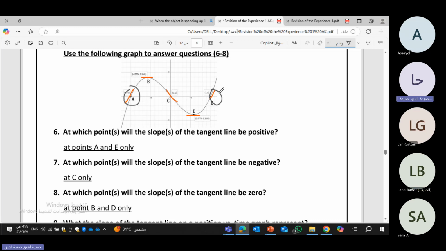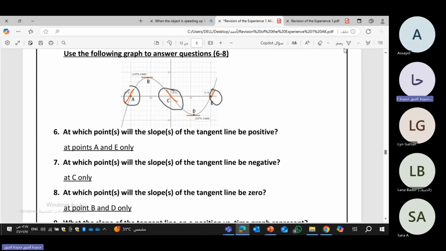So this is positive. At which point will the tangent be negative only? C, it's going down. Which points will be 0? B and D. Why 0? Because it's a horizontal line, there's no y motion here, so the tangent line slope is 0. If you have a horizontal line, the slope is 0.